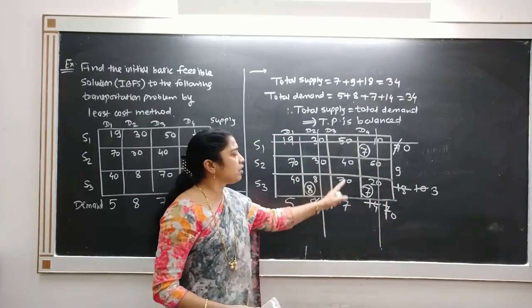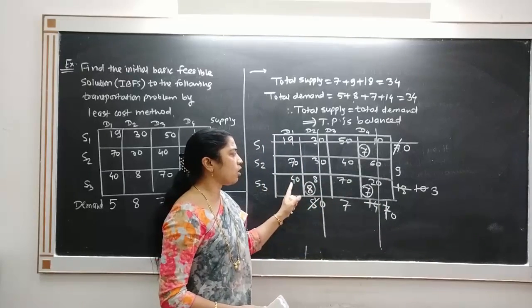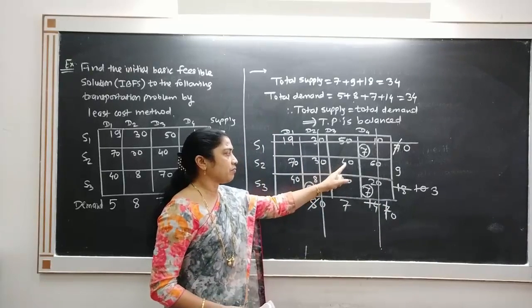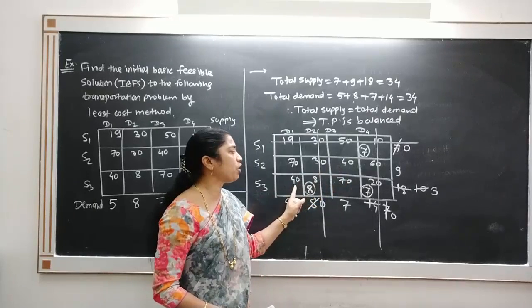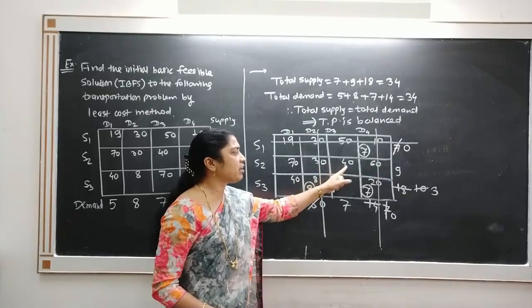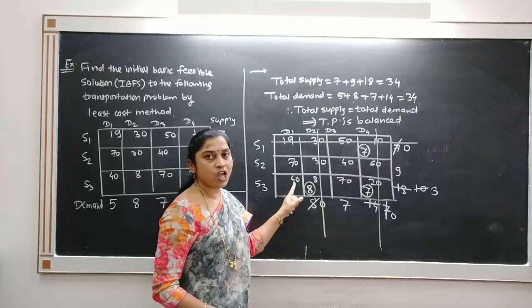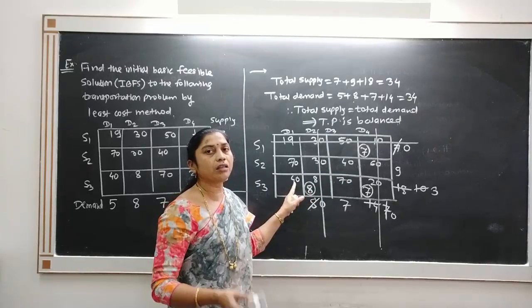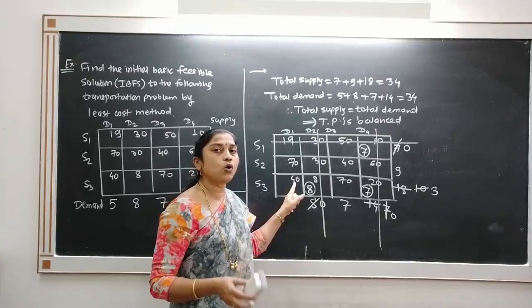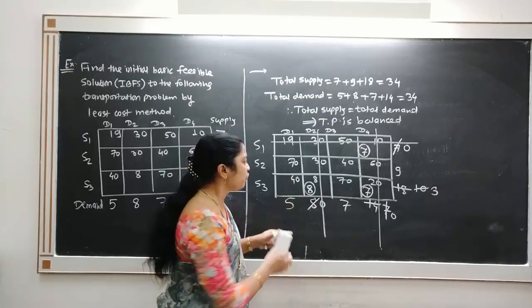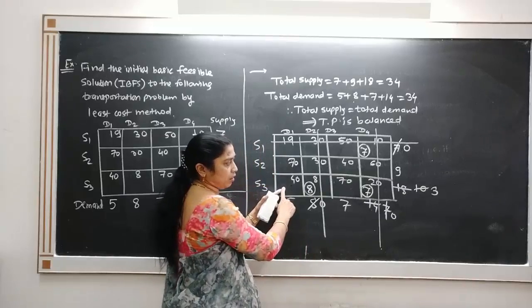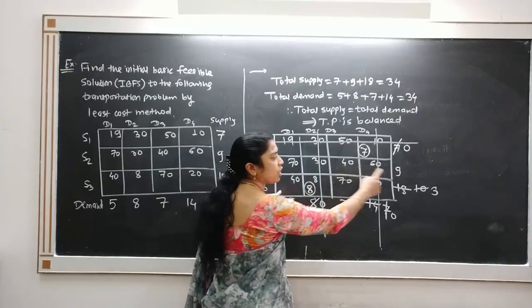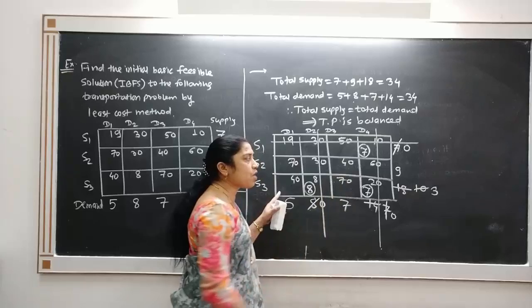Now among the remaining uncrossed rows and columns, there is a tie. The lowest cost is 40, either this 40 or that 40. Which 40 should be taken? The one to which maximum allocation can be made. In this 40 you are able to assign 3 only, and in that 40 you are able to assign 7.